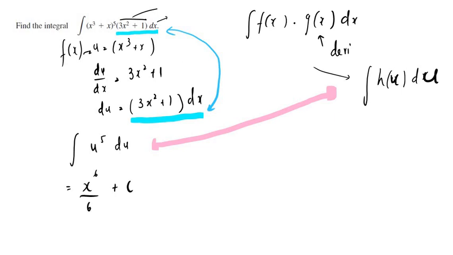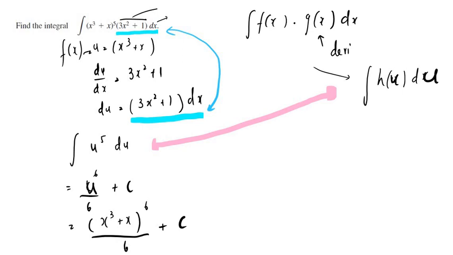And it's u, not x. So we substitute it back. We put the x cubed plus 3 in place of u: (x cubed plus 3) to the power 6 over 6 plus c. So that's the answer to the question.